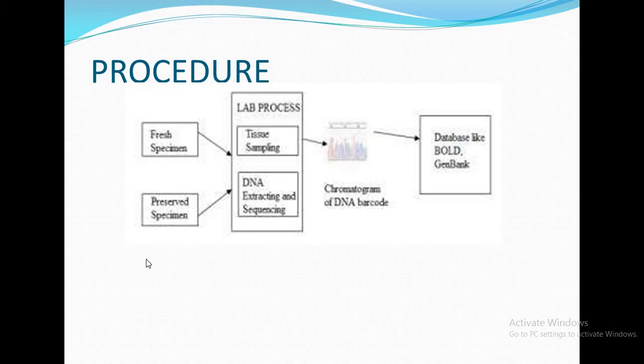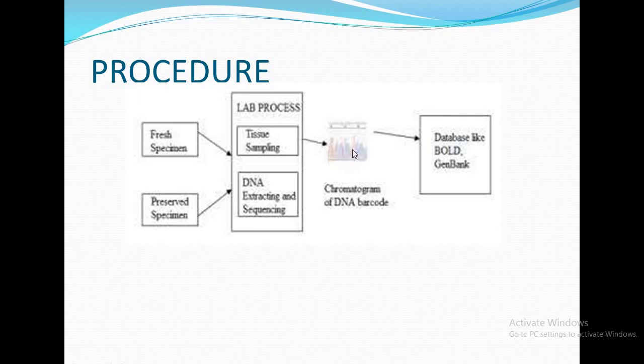Graphically, you can collect a fresh specimen or a preserved specimen from a museum, and these specimens go through lab processes, that is tissue sampling, DNA extracting and sequencing, to generate the DNA barcode in the form of a chromatogram that is produced by the sequencer.